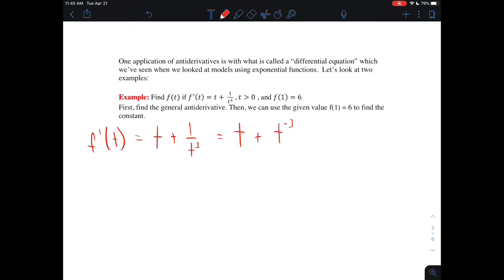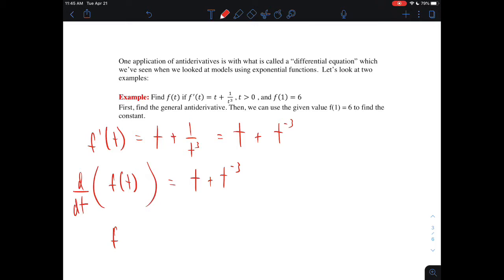So again, what we're saying is that the derivative with respect to t of some function is equal to t plus t to the negative 3. So we're thinking of that capital F of t would have been the previous notation, but here they're saying, well, let's just name that as our regular function notation. So we're trying to find out what f of t is.